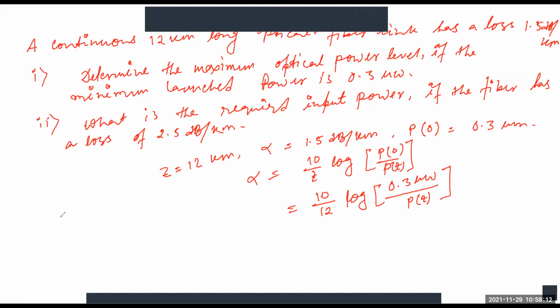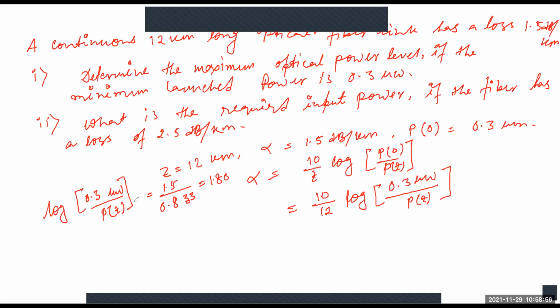So here I am writing the next part. Log of 0.3 mu watt divided by Pz equals 1.5 divided by 0.8333, so it equals 1.80.